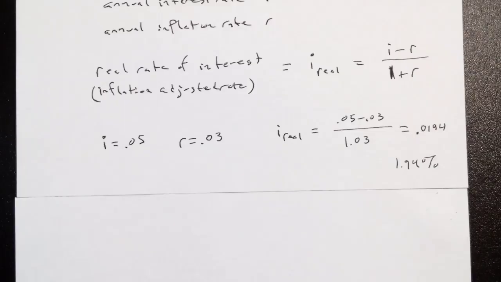Home loans, mortgages. You can buy fixed mortgages. Same interest rate the entire 15 years, 30 years, 10 years. You can buy a rate that adjusts. How often does it adjust? Sometimes they adjust every 6 months, every year, or every 2 years, depending on the loan you take out.